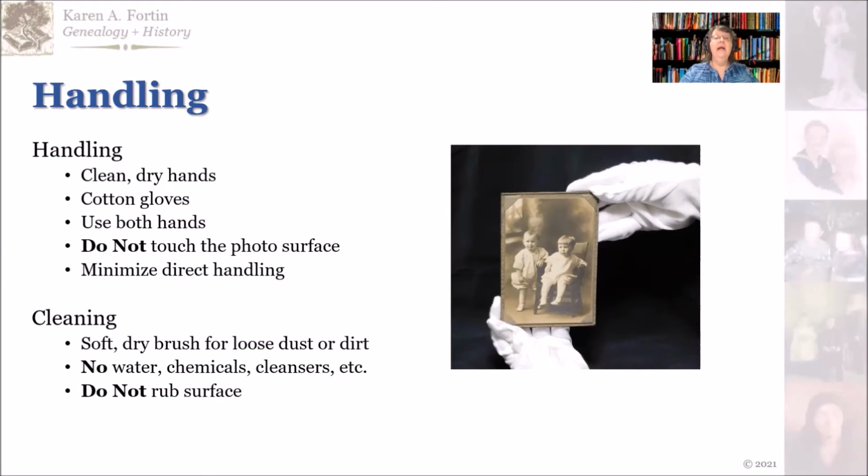That will likely damage the photo by lifting the surface away with the debris. Do not use any water, chemicals, or cleansers on the photos. This will inevitably damage the photo. And don't try to rub away anything on the surface. This will often lead to abrasions or flaking off of the surface of the photo.